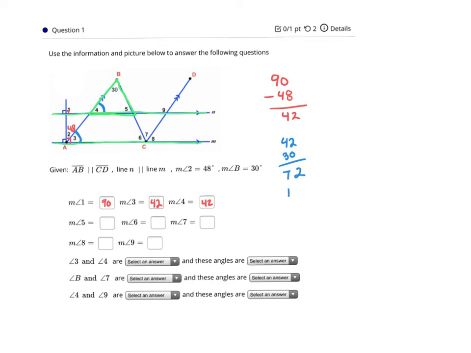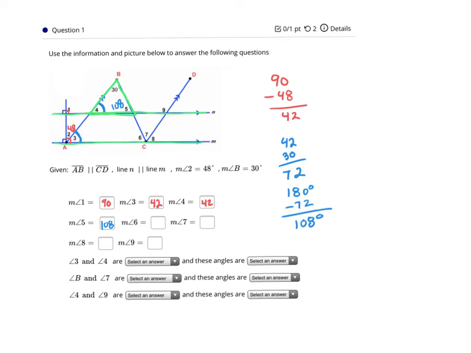So if I subtract that from 180, because there's 180 degrees in a triangle, that is going to give me 108 degrees. So angle 5 is 108. Now, I know this is not drawn to scale because that's really not 108 degrees, but for the purposes of this problem, it doesn't really matter. We can still use that.